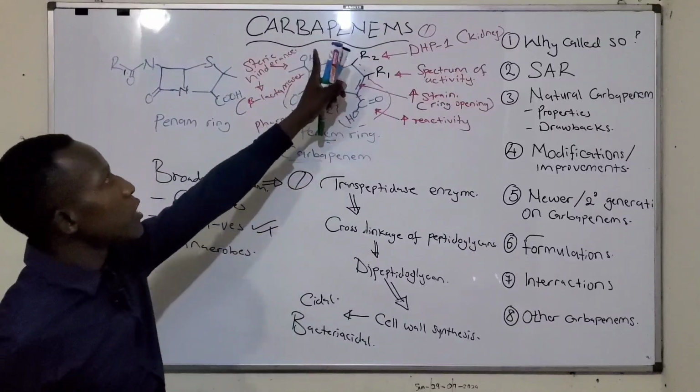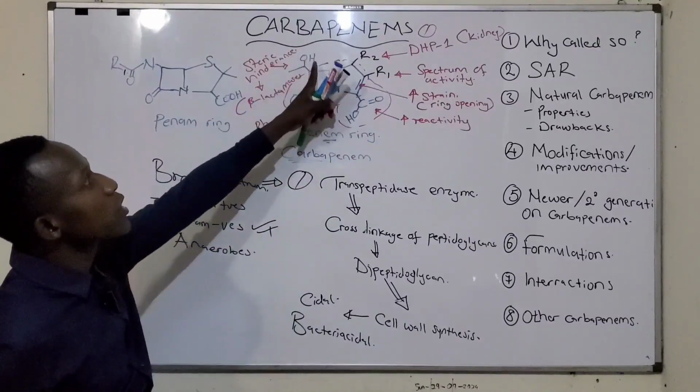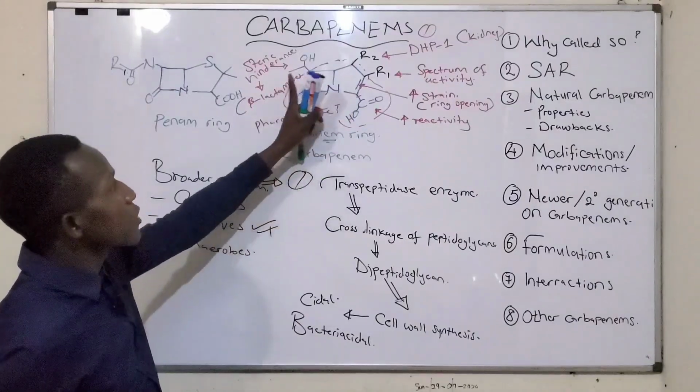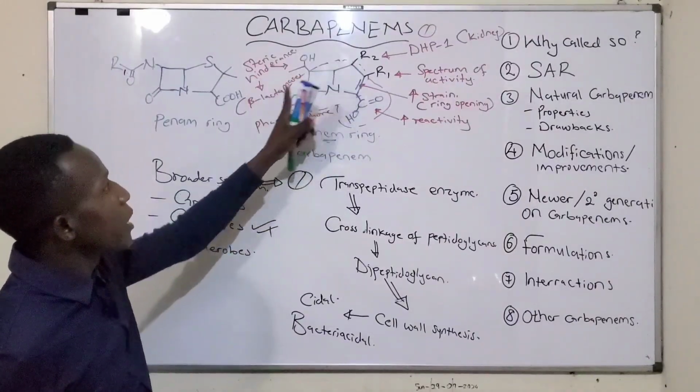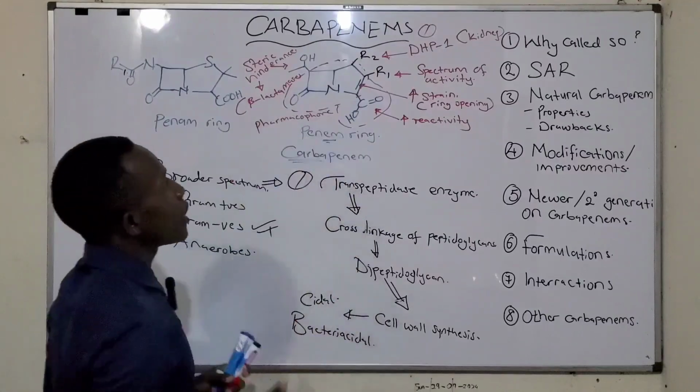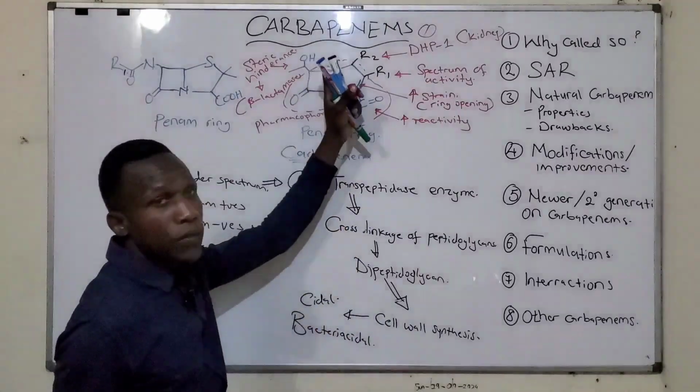Due to its stereo orientation, the OH group is oriented away from the ring, the beta-lactam ring, hence reducing the degradation by the beta-lactamases. So that's the general SAR for the carbapenems.